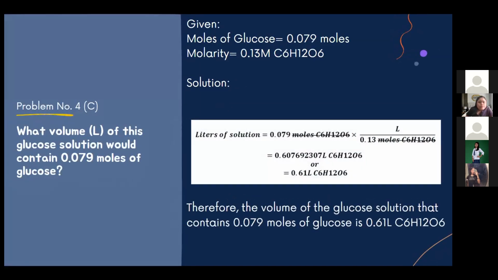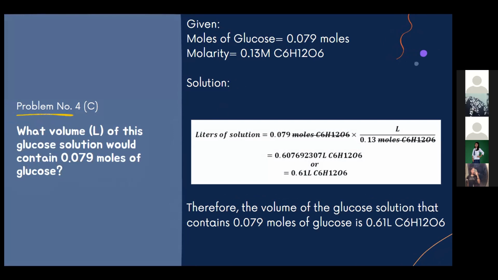For the letter C, what volume in L of the glucose solution would contain 0.079 moles of glucose? We have the given of 0.079 moles of glucose, and the 0.13 M. Again, we are going to derive the original formula.